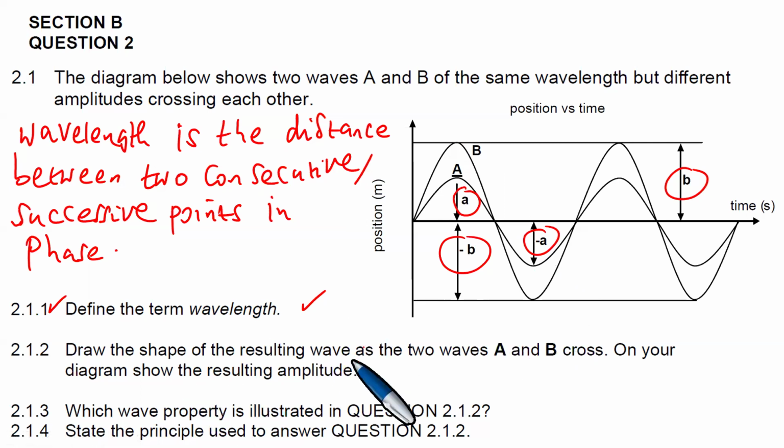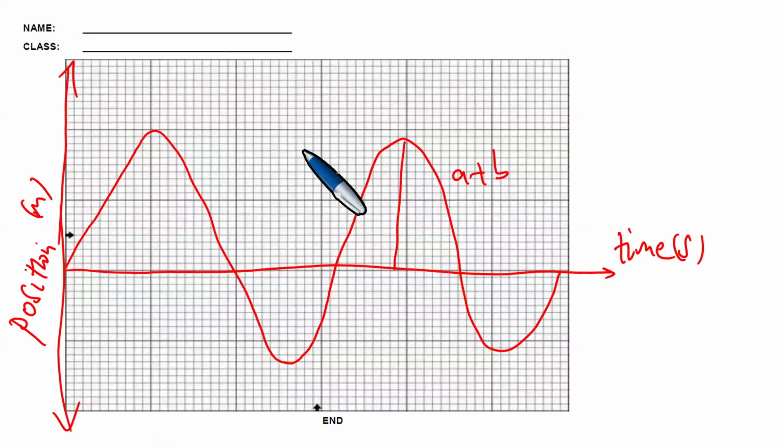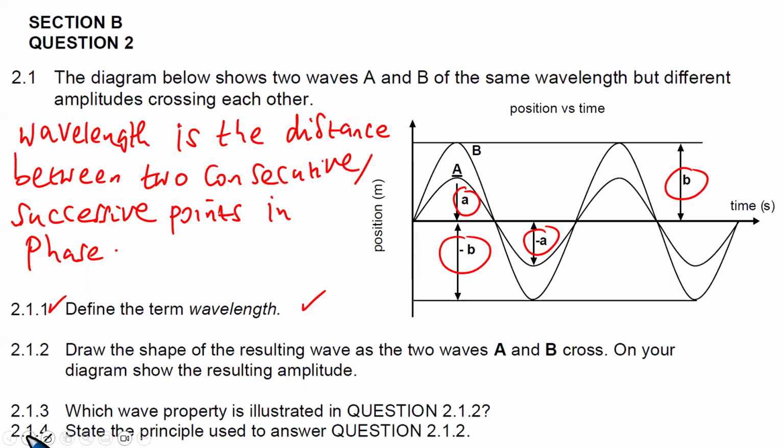So you're going to add the A and the B, so they amplify each other, and therefore they will have a greater amplitude. So you'll have to add the amplitude of A and the amplitude of B. Take note of that. Let's look at the next question.